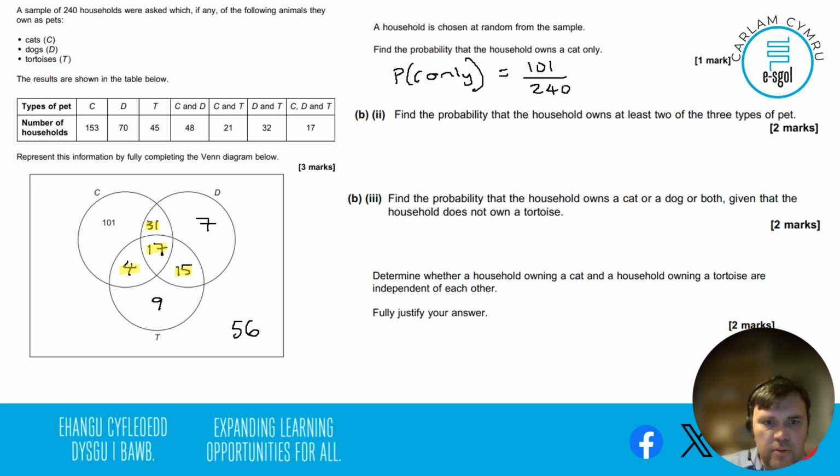And those values would be, say, over 100 and 240. So it's going to be 4 plus 31 plus 17 plus 15, and that is over 240, and that would give you 67.